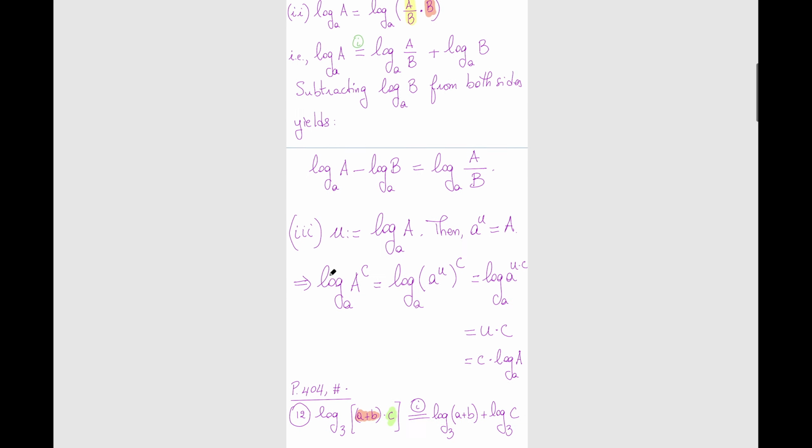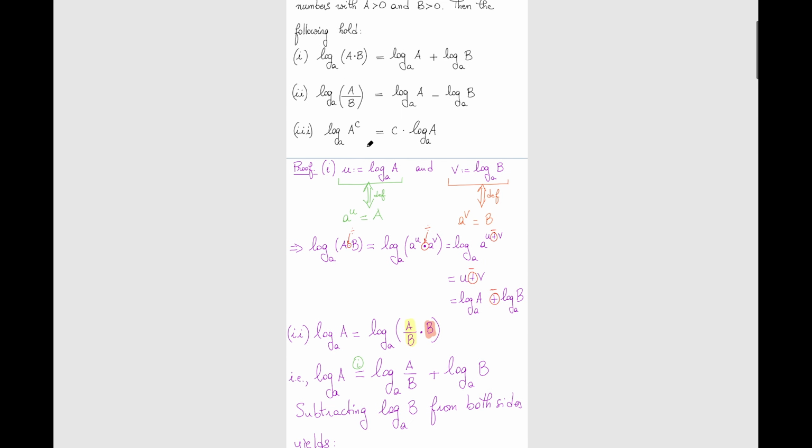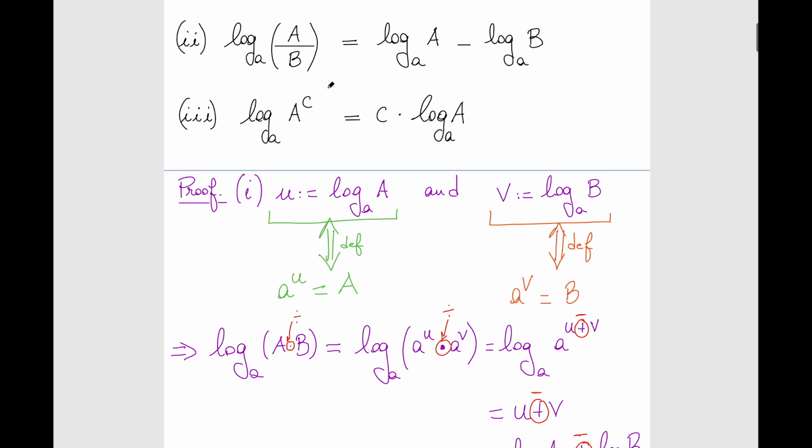So property 3 in the list of properties we just proved. The base of the log, a, in problem 24 is e, the base e, Euler's number.